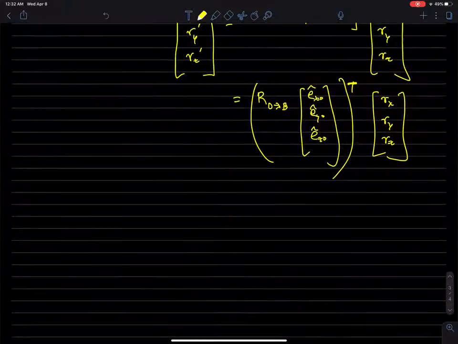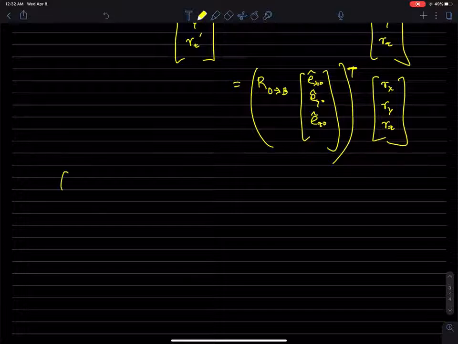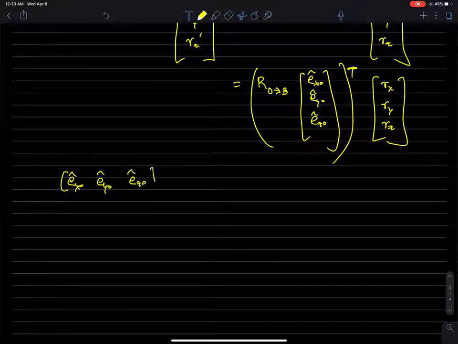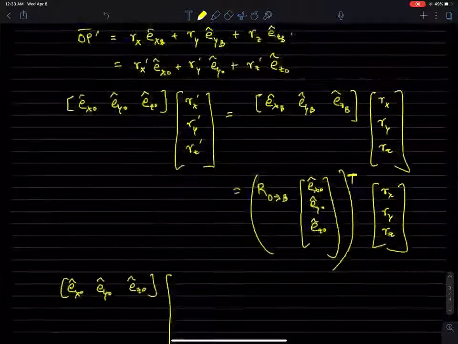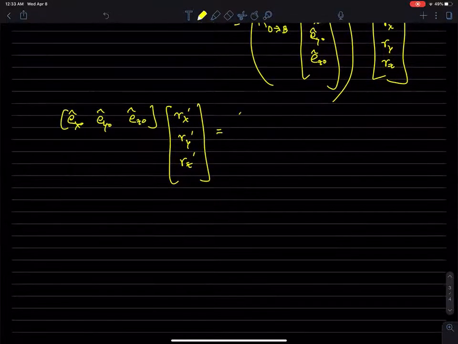So we have EX naught EY naught EZ naught times, equals exactly the same set of axes.